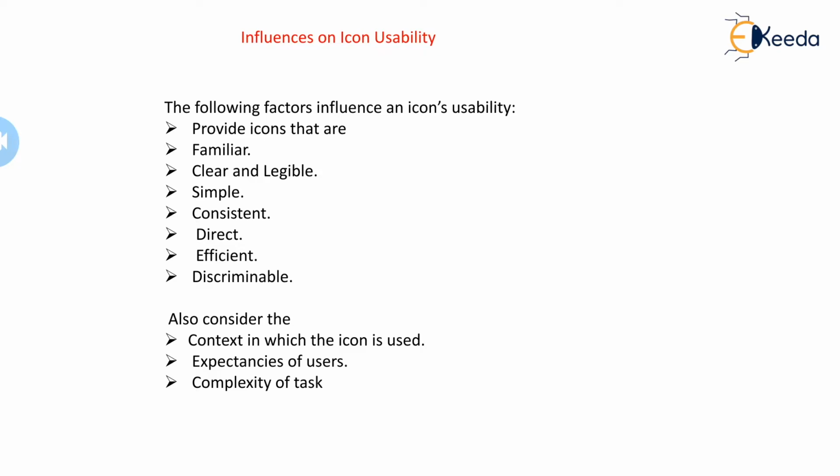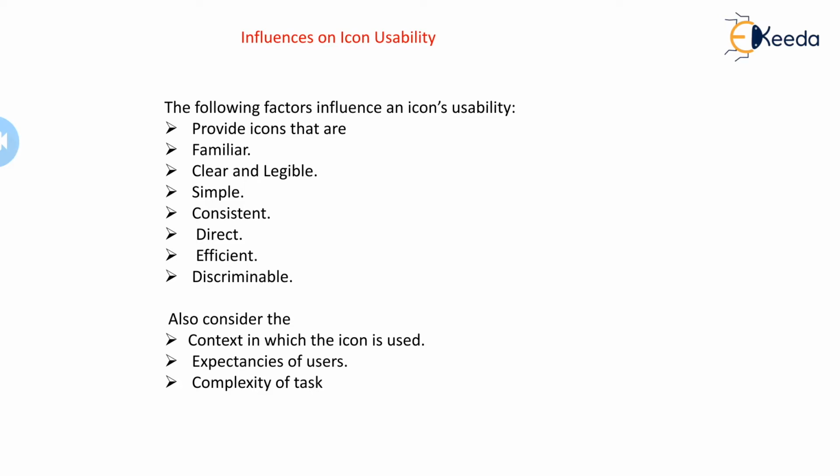A person's power of differentiation for shapes and other forms of codes has been experimentally determined over the years. Then also consider the context in which the icon is used. The context of a symbol may change its meaning. So what does the rabbit symbol mean, or the road crossing symbol, what does that mean?